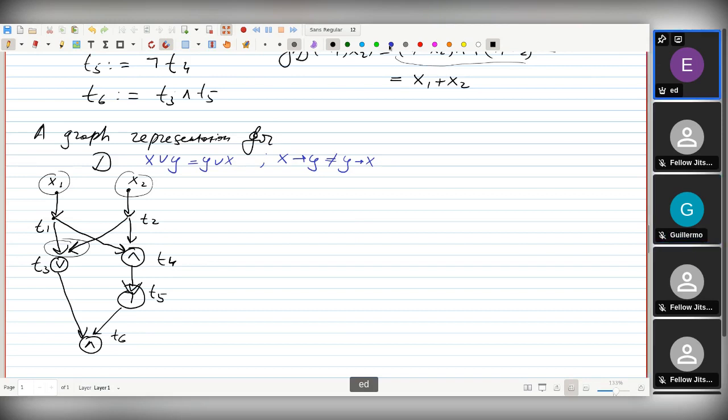Conjunction will give us current at its output if and only if it has current at both of its inputs. Negation will negate. If we have current at its input, we will have no current at its output, and vice versa. By the way, from the physical point of view, we see that this negation must have some power source.